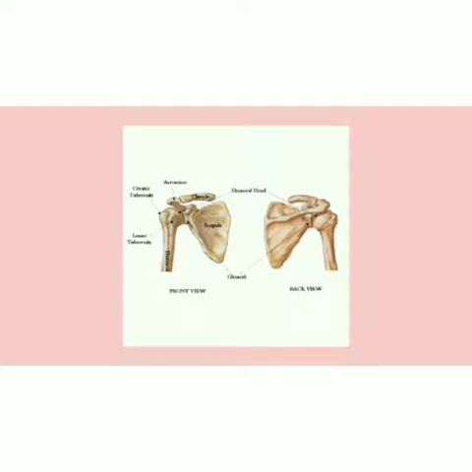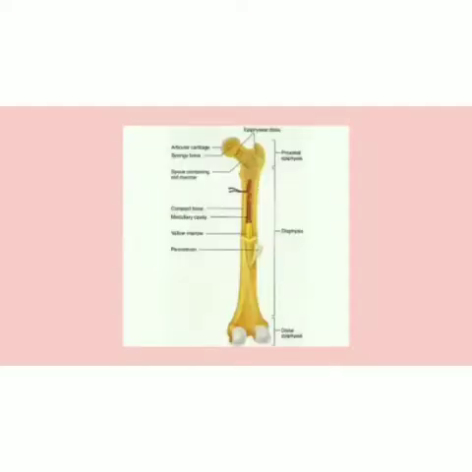Next, vertebral column. Touch your back and see, you can feel some bumps coming up and going down. That's nothing but the vertebral column, which we call the backbone, spine, or spinal cord. We have 33 bones in the vertebral column, which we call vertebrae.